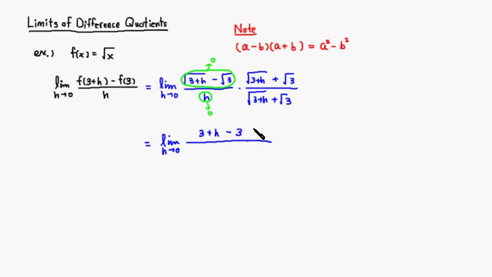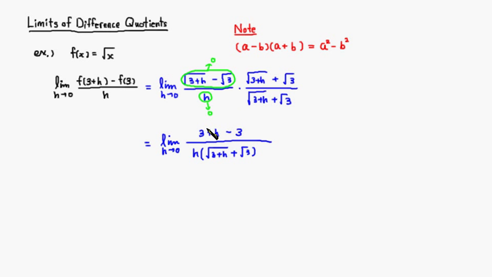Right? On the bottom, you can't really do too much to simplify, so we're just going to multiply out. So it's going to be h, that's the original denominator, multiplied by the quantity square root of 3 plus h plus square root of 3. Right? Then a little bit of cleaning up.